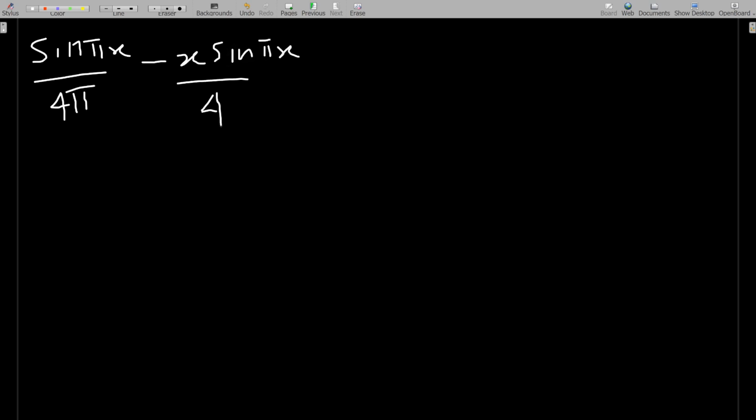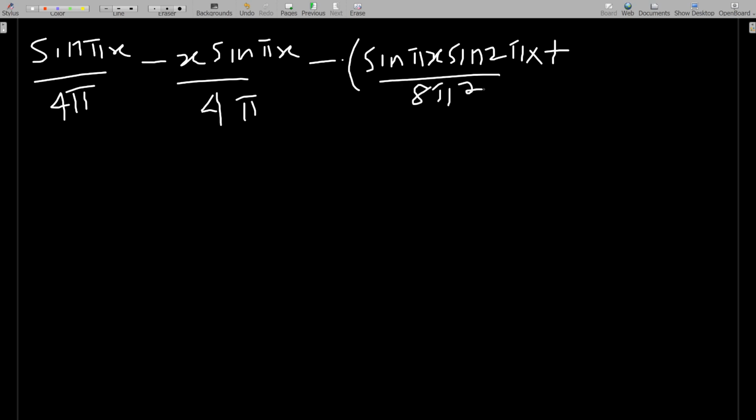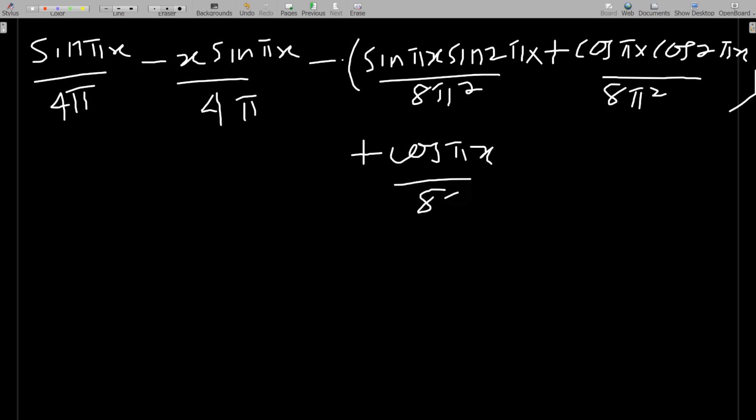So this means I have something like this. You have sine pi x over 4 pi minus x sine pi x over 4 pi, and minus into brackets sine pi x sine 2 pi x plus cos pi x cos 2 pi x over 8 pi squared, all of these in bracket, then plus cos pi x over 8 pi squared.